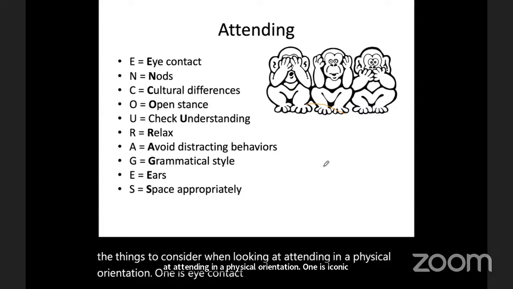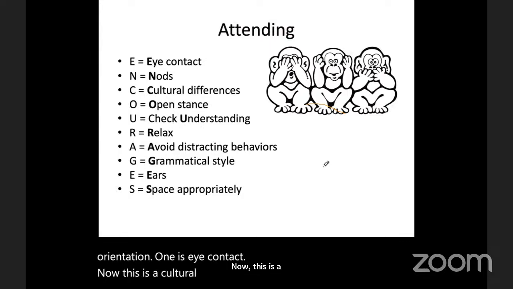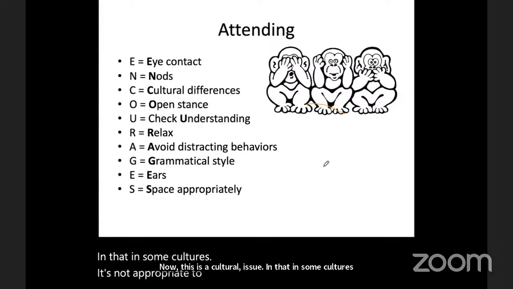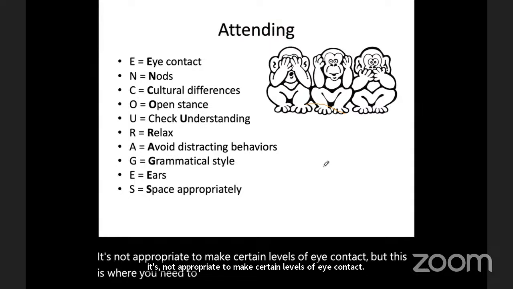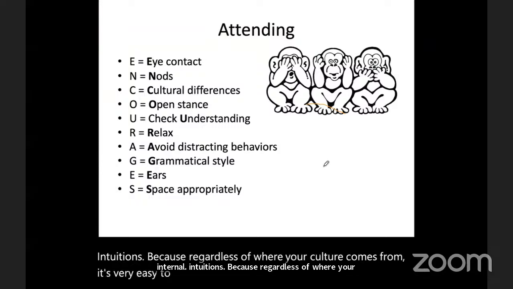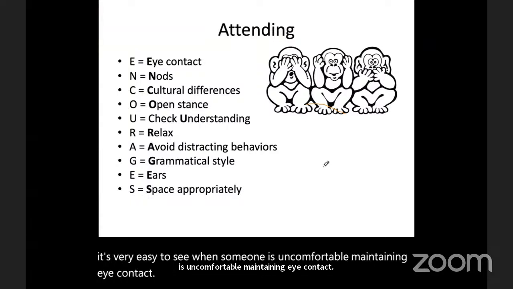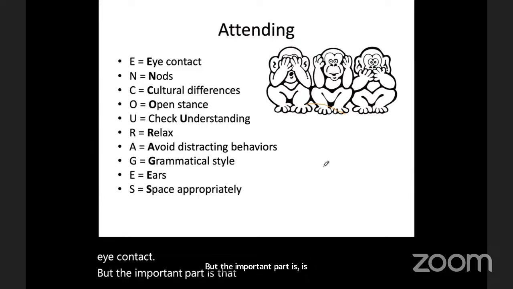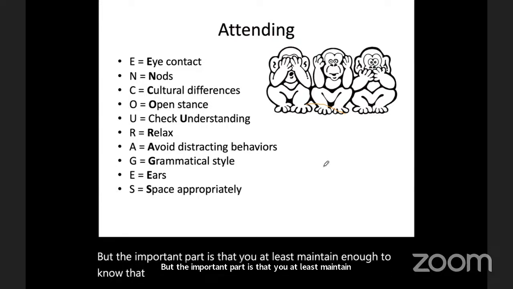Now, this is a cultural issue in that in some cultures, it's not appropriate to make certain levels of eye contact, but this is where you need to pay attention to your internal intuitions, because regardless of where your culture comes from, it's very easy to see when someone is uncomfortable maintaining eye contact. But the important part is that you at least maintain enough to know that you're paying attention to them.